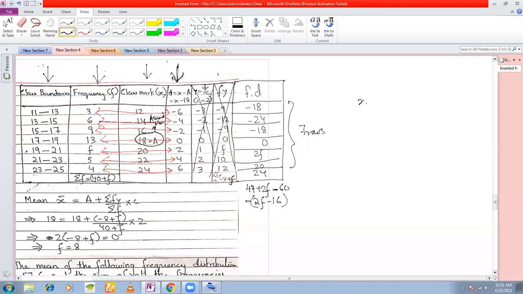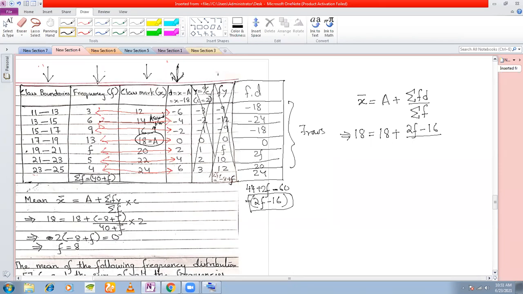What is the formula? X bar is equal to A plus summation FD divided by summation F. What is the mean given here? Mean given here is 18. We have taken the assumed mean as 18, right? And summation FD here we have got as 2F minus 16.